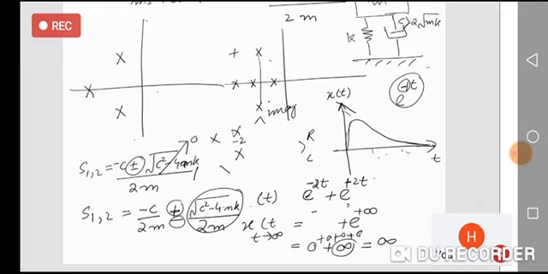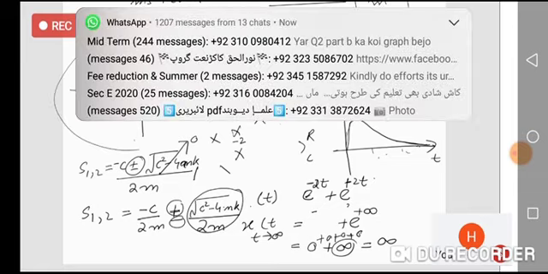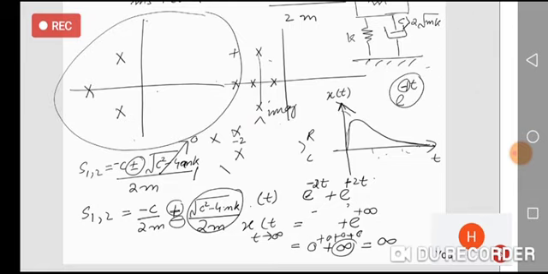Sayyid Arif Hussain. Yes, sir. Arif, can you tell me what is the order of this system? Third order, sir. Third order system, because it has 3 poles. Next, can you tell me what would be the response of this system?